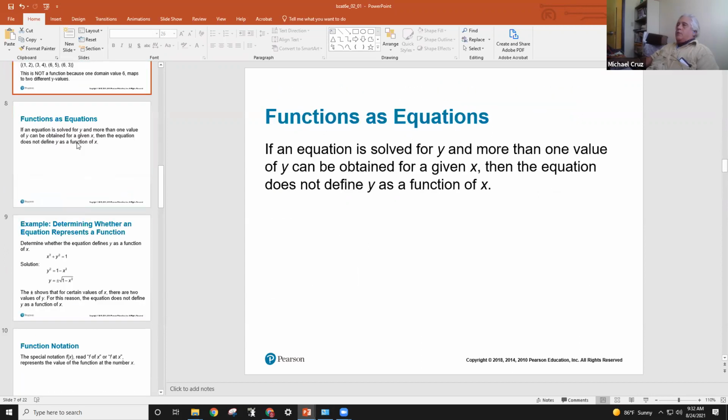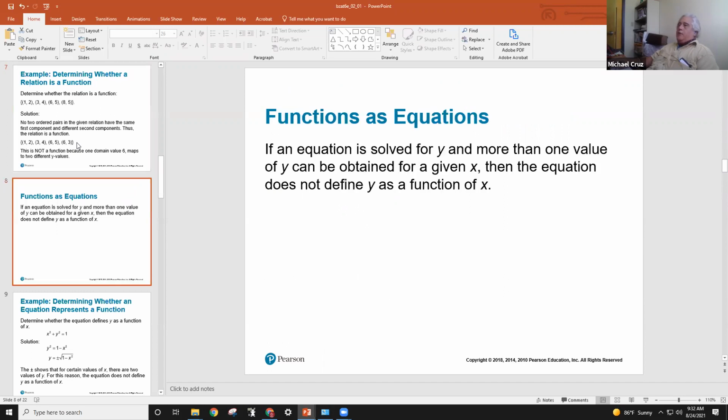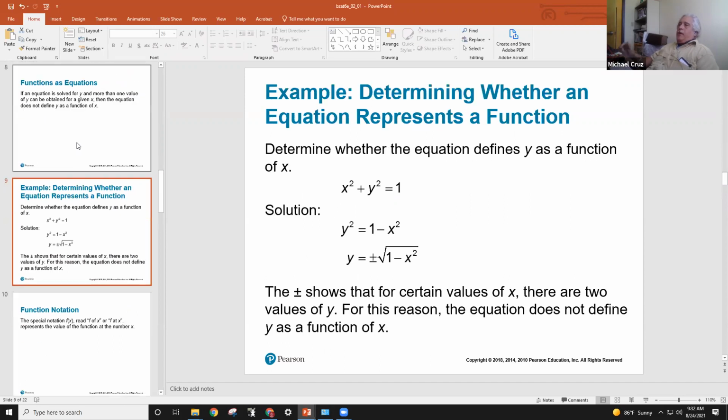So this is where we were just talking about functions in terms of ordered pairs. If x goes to two different values, it's not a function. The equation side of that, or trying to write it as a function, shows us what would happen.